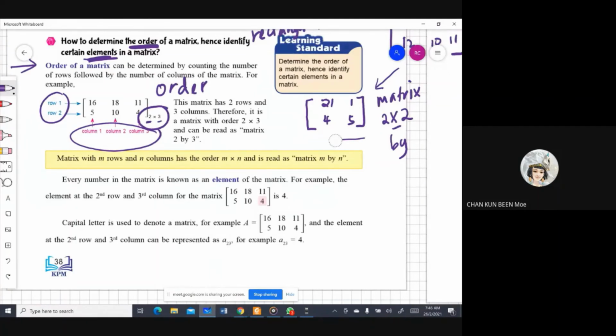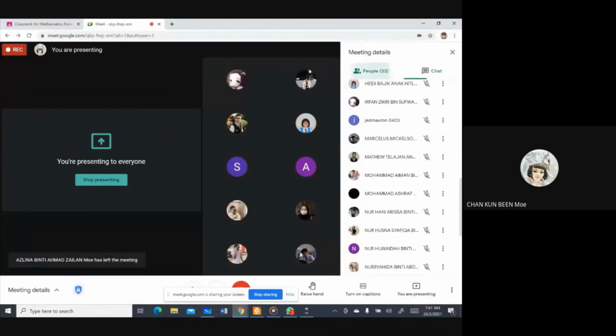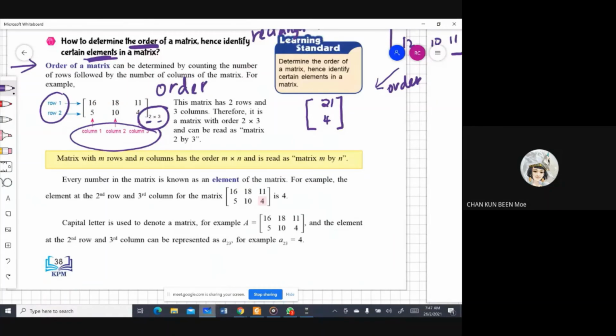Now I'm going to change this matrix into a different one. Can you tell me what is the order of this matrix? Let me see. Who is the lucky one right now? Hedy. Okay, Hedy. Can you answer me what is the order of this matrix?